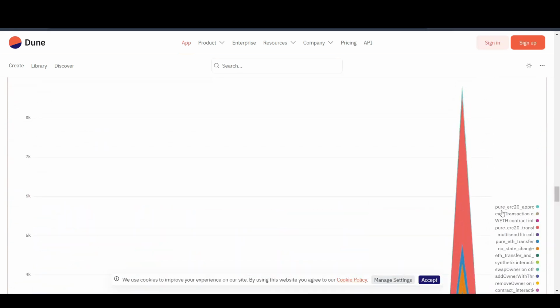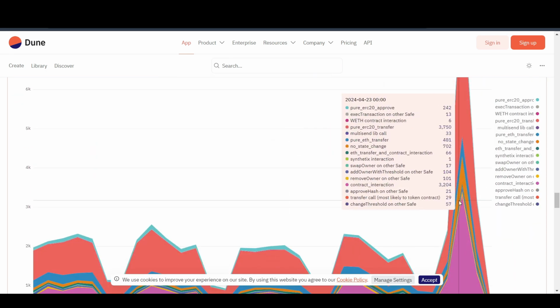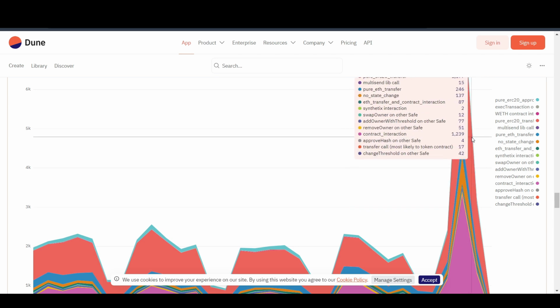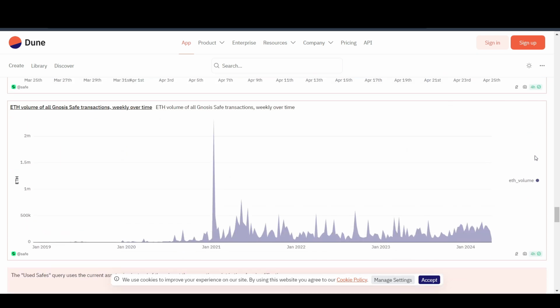So what is this one? This is basically Safe transactions in the last 30 days grouped by type. As you can see, we have different types of transactions going on. The biggest one is, I think, which one is this? These are the pure ERC transactions, which is pretty good. So this is the ETH volume of all Genesis Safe transactions over time.